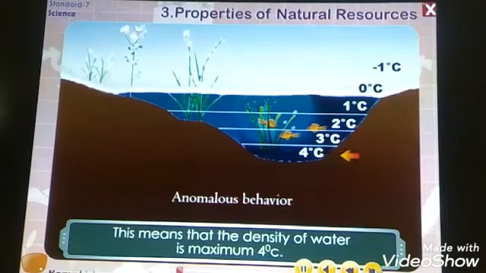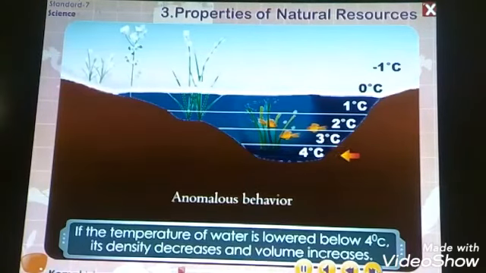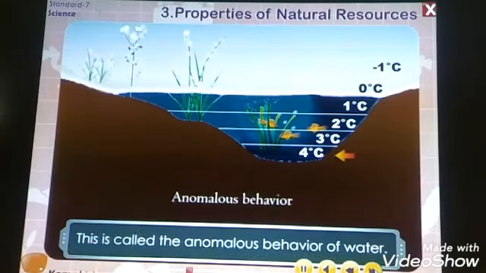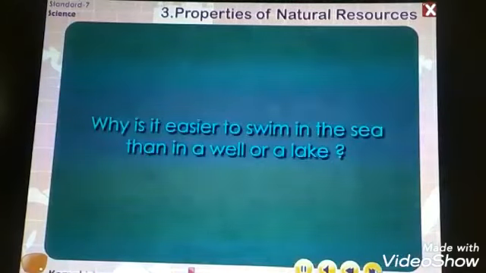This means that the density of water is maximum at 4 degrees centigrade. If the temperature of water is lowered below 4 degrees centigrade, its density decreases and volume increases. It means that water expands when the temperature falls below 4 degrees centigrade. This is called the anomalous behavior of water.